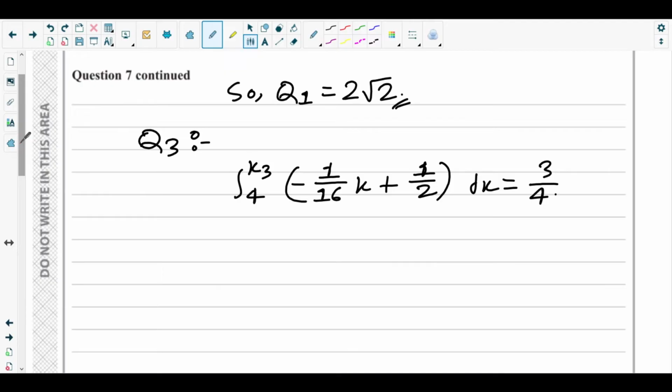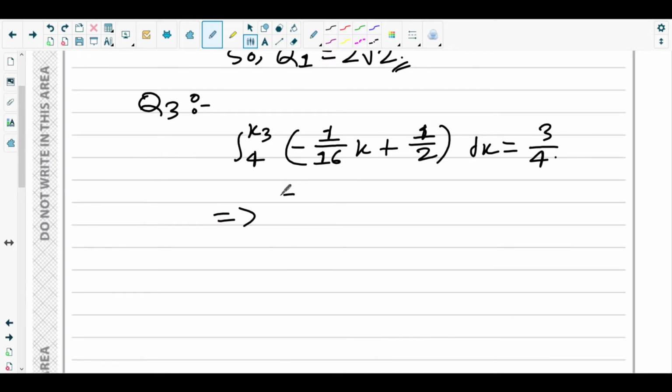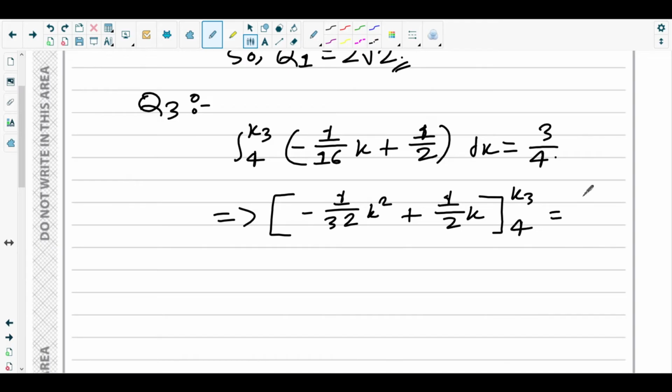3/4. Okay, now just integrate in definite integral. You will get -1/32 x squared plus half of x, upper limit is x3, lower limit is 4, equals 3/4. Okay, now just put the values.